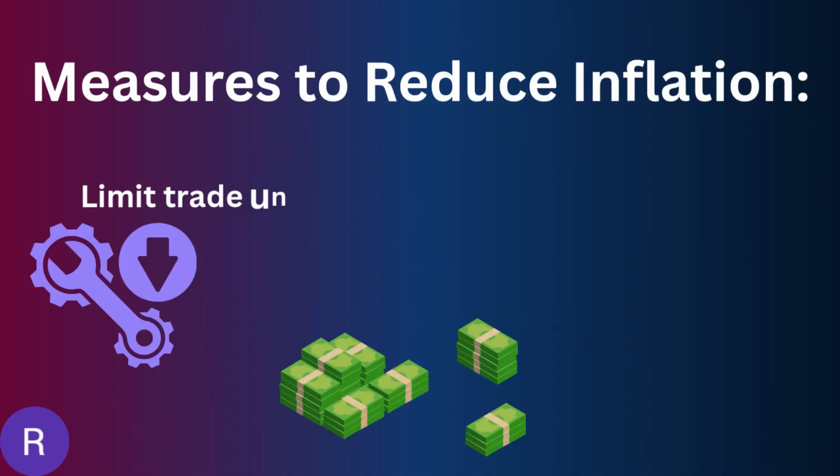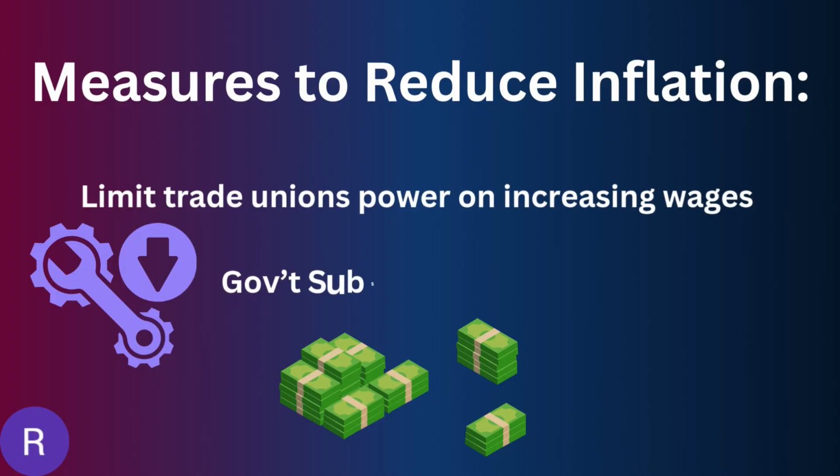So remember, we said earlier that if one of the factors of production increases, that leads to inflation as well. One of those factors is labor, or wages. There are times in which employees would demand higher wages. When wages increase, that could further lead to more inflation.